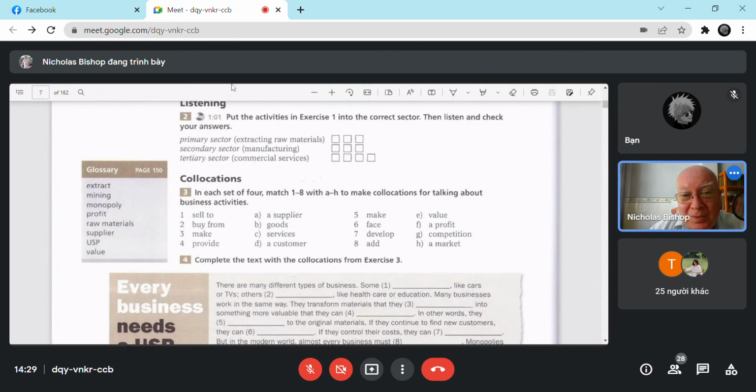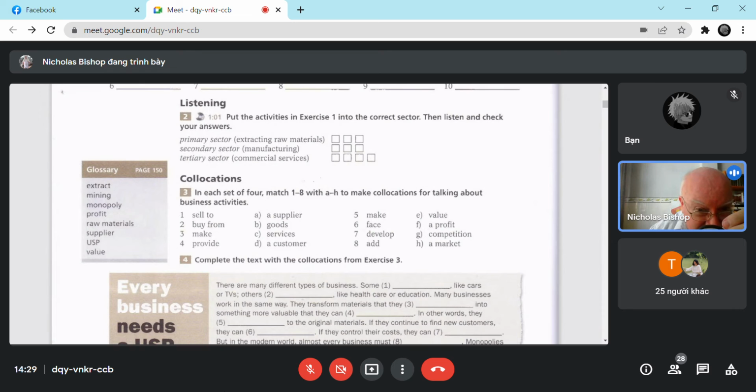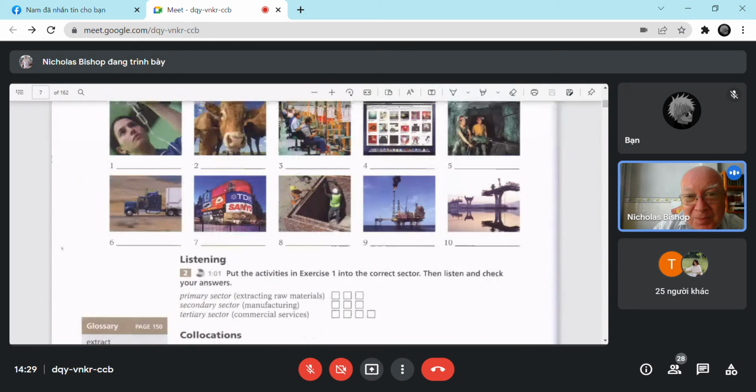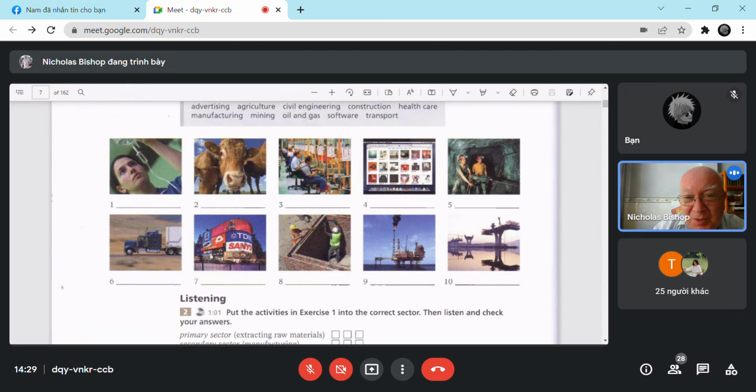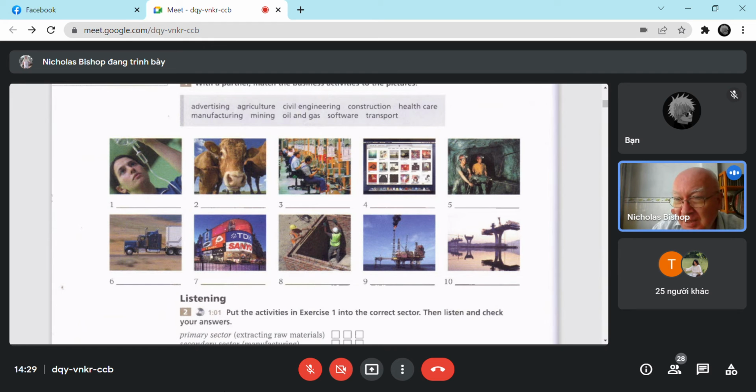So we make things that become more valuable than they were before. And then in the last thing, where it's a service, we do something, we advertise, what are the other things? Transport, and we transport things, we advertise things, we do healthcare or something, and what's the other one? Oh, software.